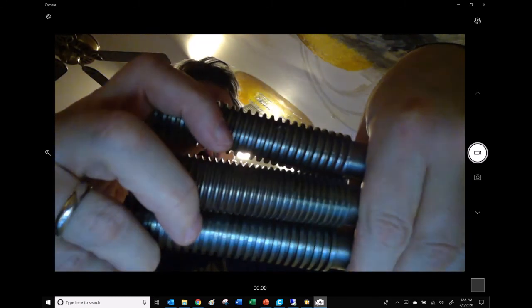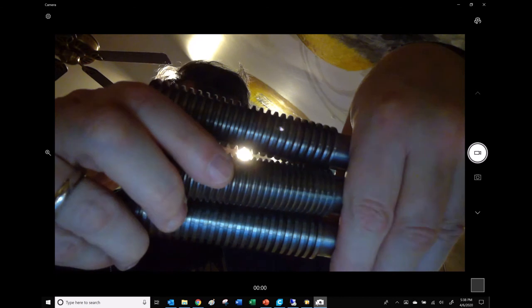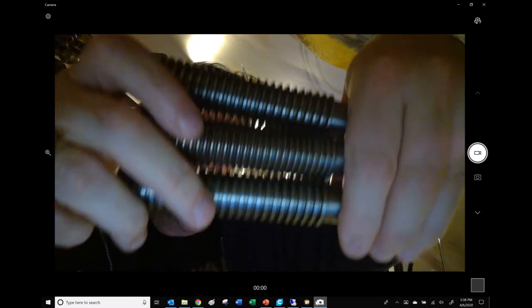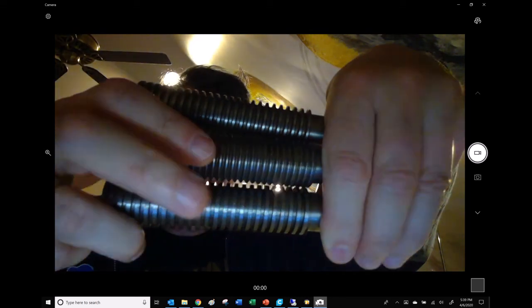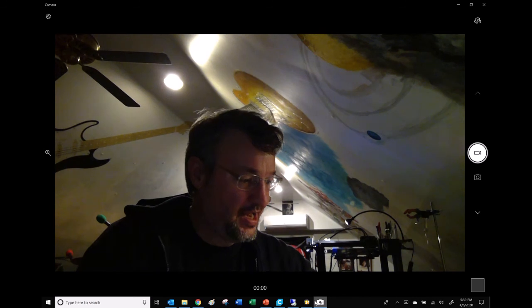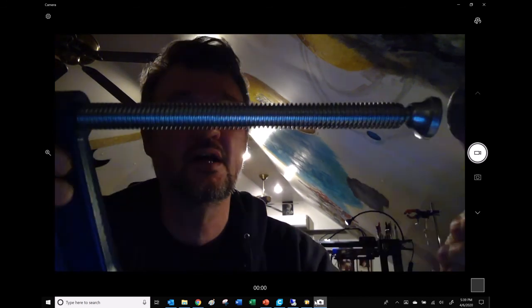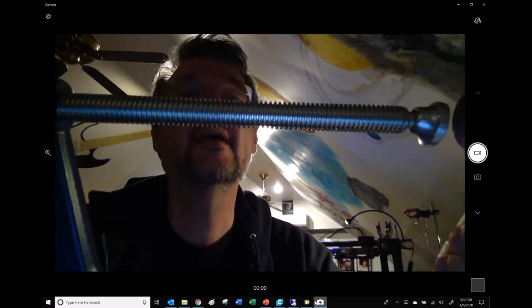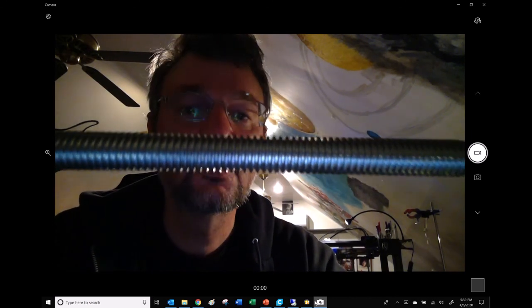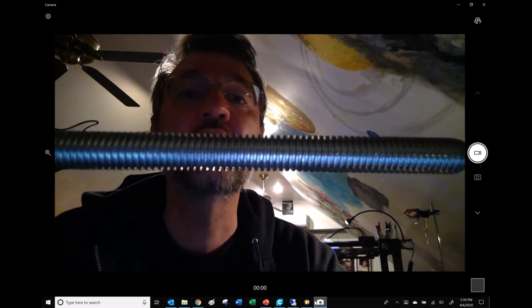We have Acme on the top, regular bolt threads in the middle, and square threads on the bottom. And sometimes it's a little tough to tell. I think that these are closer to square threads than anything else.